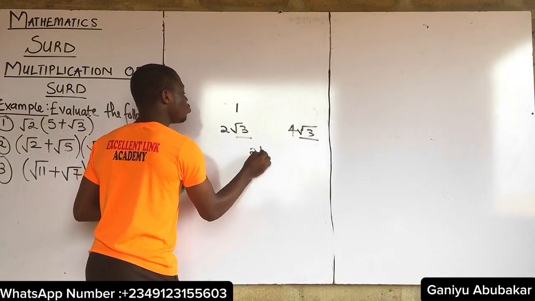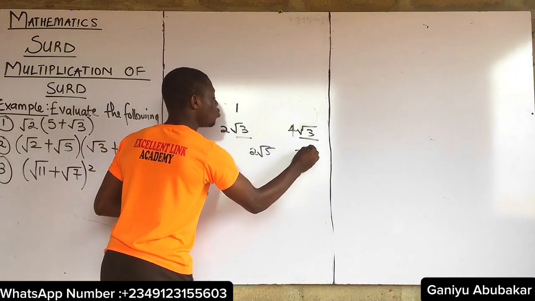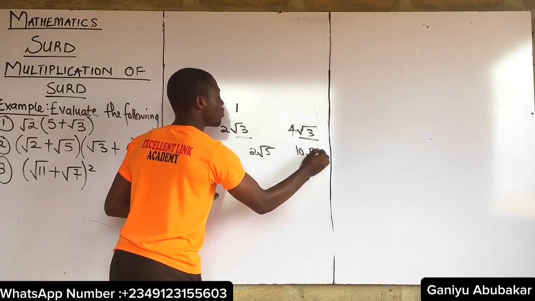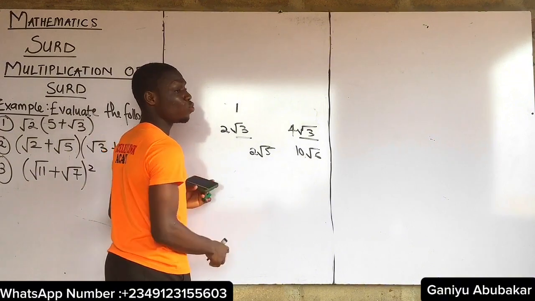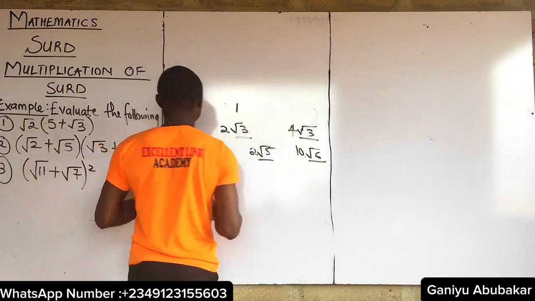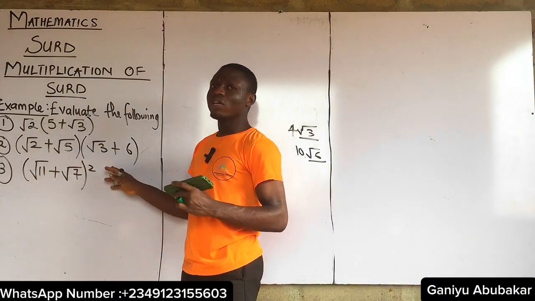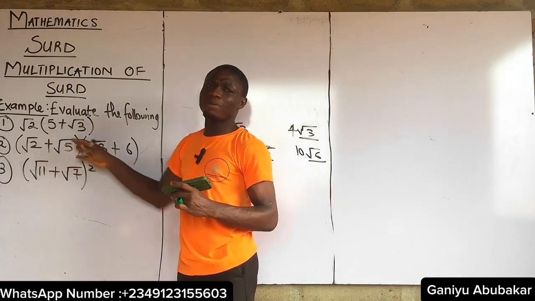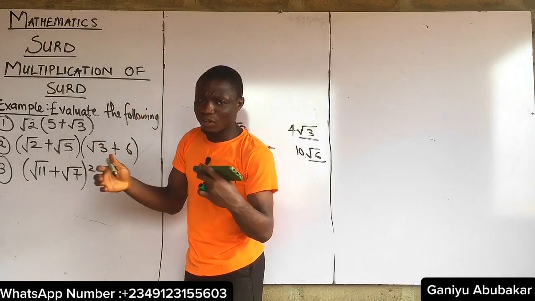If I have 2 root 5 and 10 root 6, these are not similar, since one is root 5 and the other root 6. But when multiplying surds, either they are similar or not, they can multiply. That's the concept.